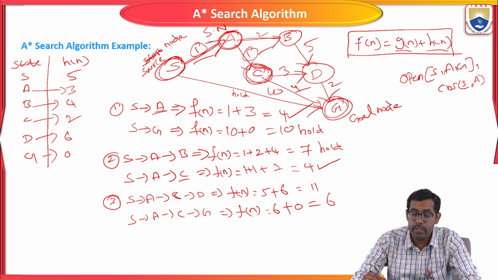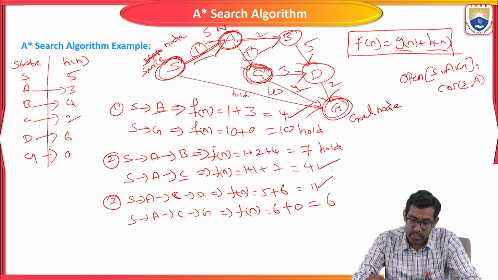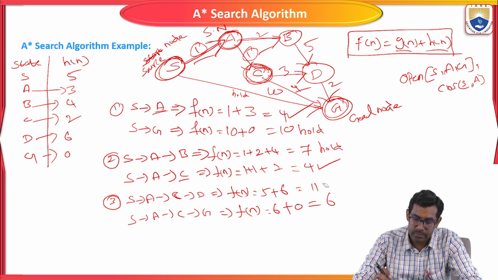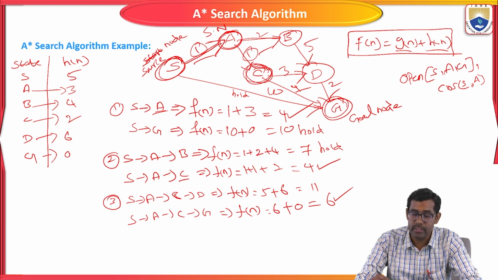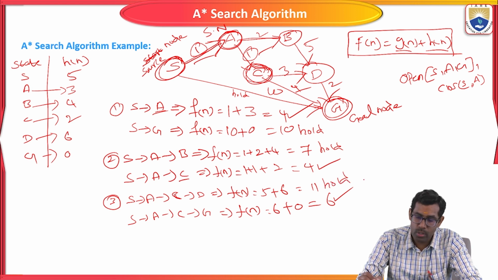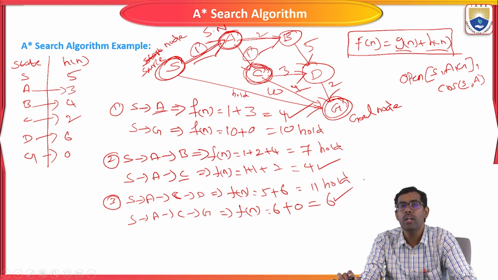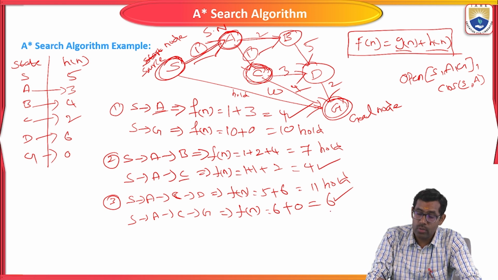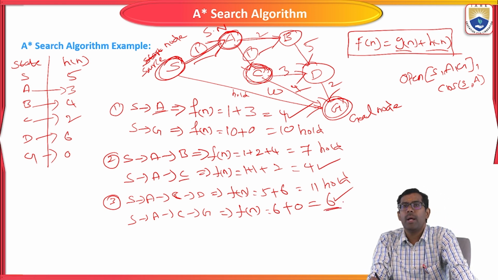Now we are going to compare. This one is 11, this one is 11, and this one is 6. So we consider 6, and we keep this path on hold. We select 6 as the minimum value.